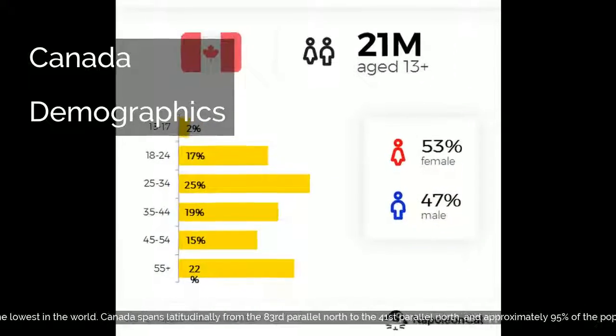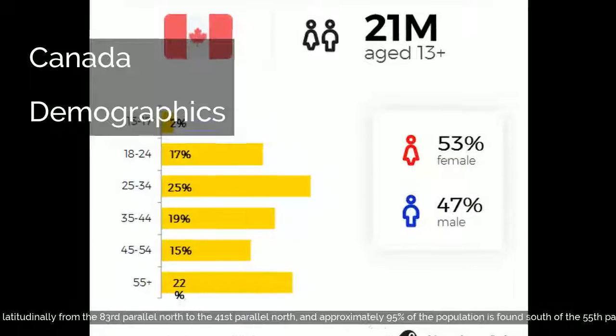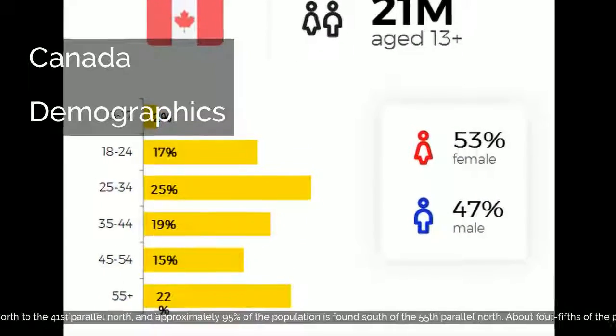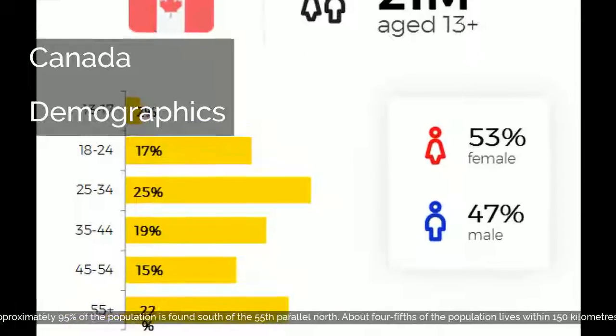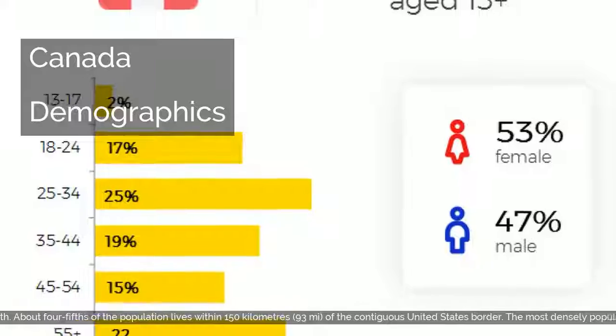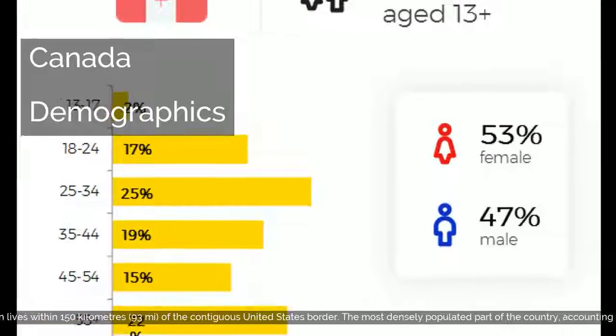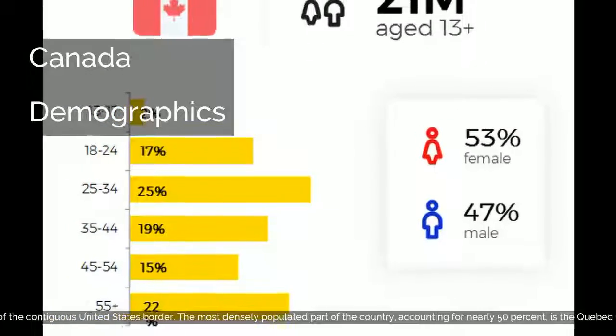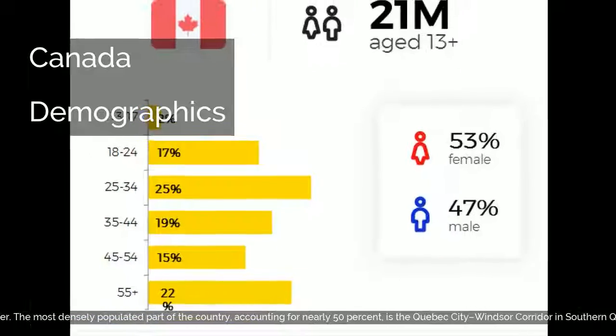Canada's population density, at 3.7 inhabitants per square kilometre, 9.6 per square mile, is among the lowest in the world. Canada spans latitudinally from the 83rd parallel north to the 41st parallel north, and approximately 95% of the population is found south of the 55th parallel north.